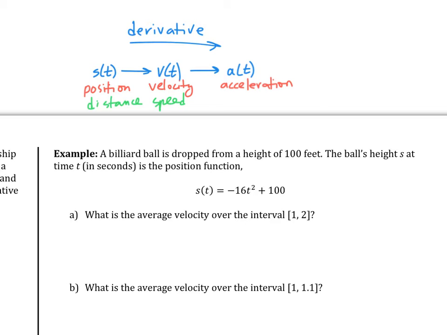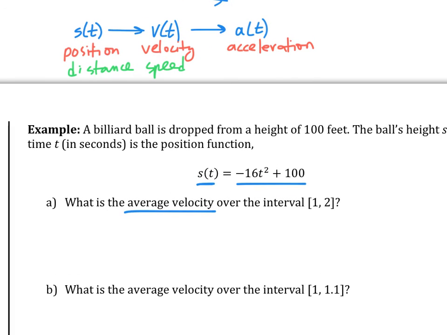All right, so let's look at this question again. They tell you the position is this equation. The question is, what is average velocity? The first thing you ask yourself is, how is velocity related to position? It's related by derivative, right? So the question is, how do I get the derivative from this? Well, we can get the derivative using many different ways. We have the definition of derivative, or we can use the tricks that we just learned.